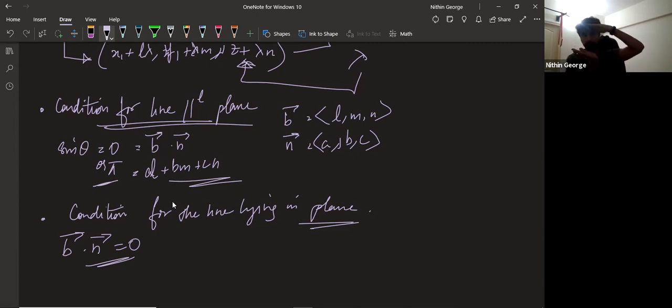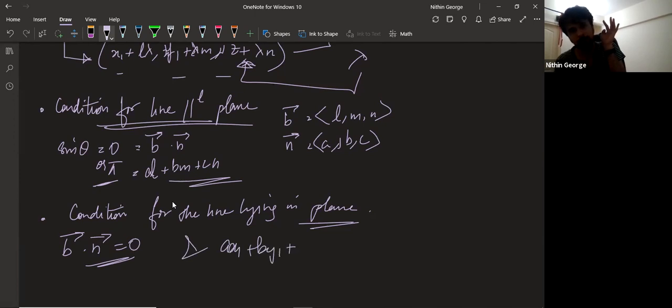First, you check if it's parallel. If it's parallel, fine. Half the battle is won. Then you take any point on that line. When you have an equation of a line, you get a point on it, right? X1, Y1, Z1. Use that. You have a given point, so put the point into the plane. So it becomes AX1 plus BY1 plus CZ1 plus D should also be equal to 0.